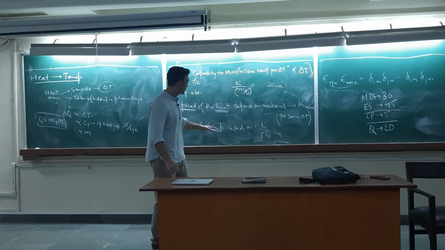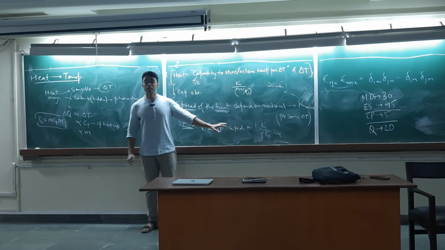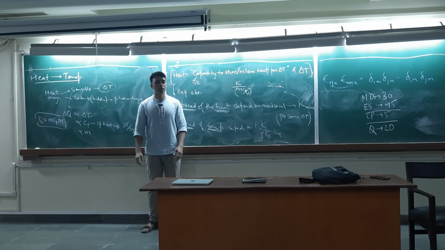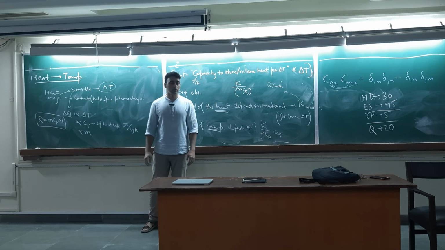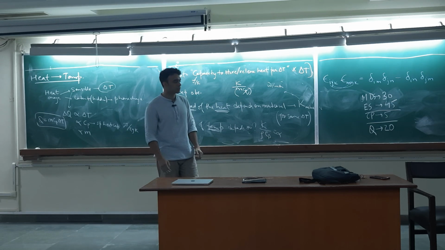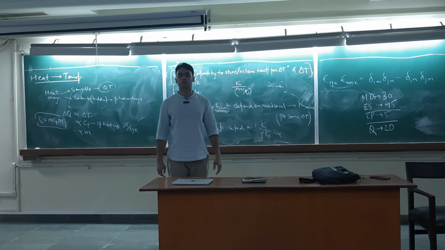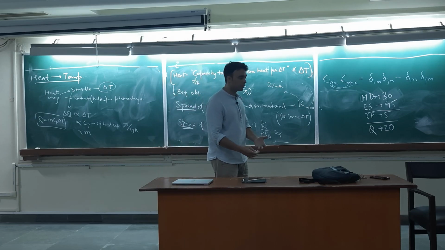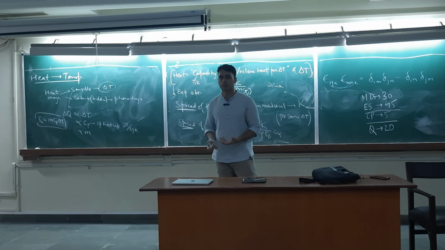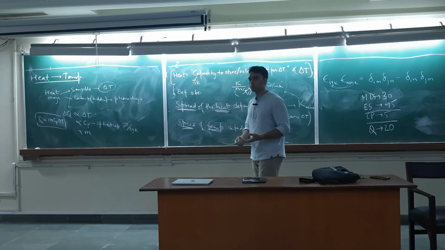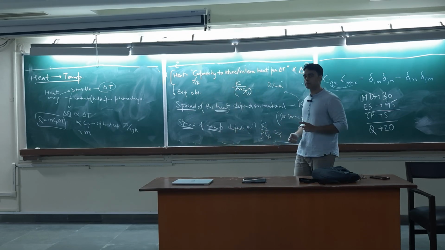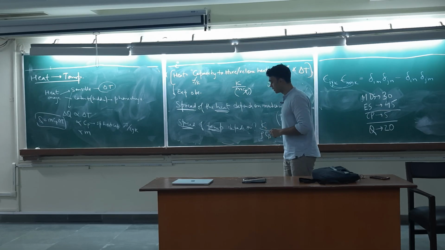Yes or no? In many textbooks, when Fourier's equation is written, people describe thermal diffusivity. You can also go and check. Typically, at least UG books write that alpha determines the rate of spread of heat. That's not really true. More specifically, it's talking about the rate of spread of temperature. Okay.